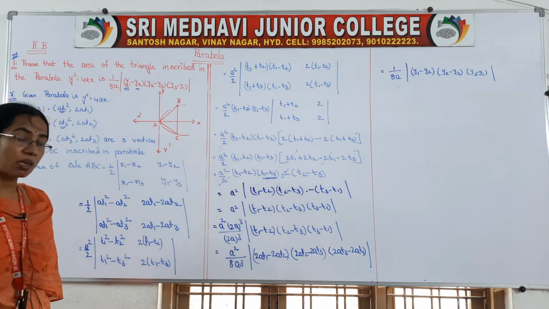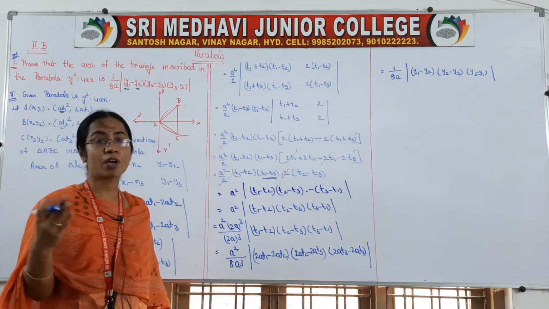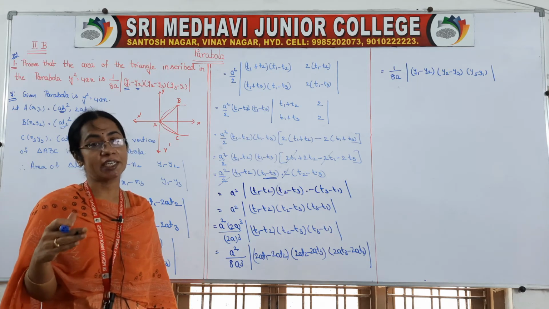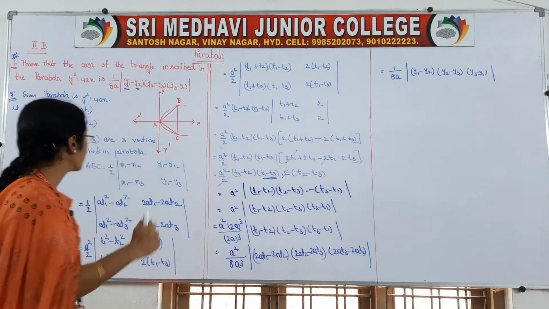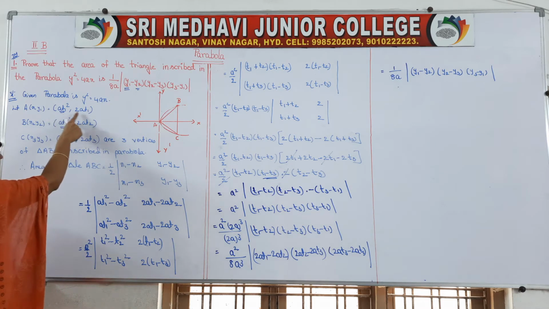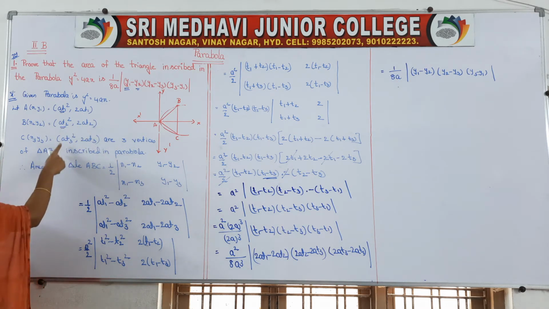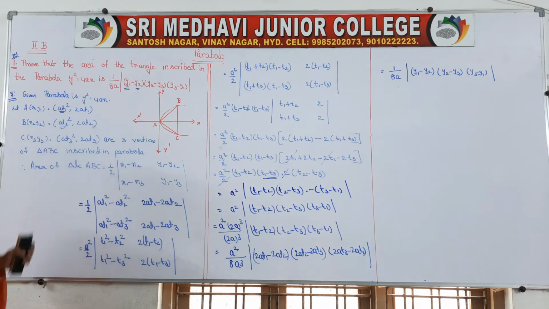So on the parabola, how will we take the points in parametric form? At square comma 2at. Here three points are there, that's why I have taken at1 square 2at1, at2 square 2at2, at3 square 2at3.